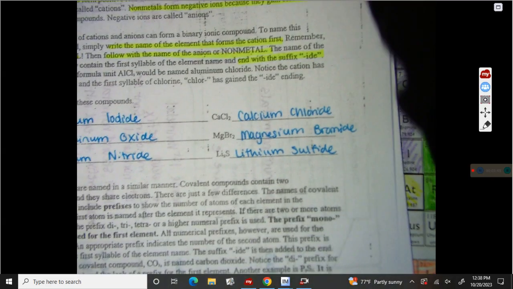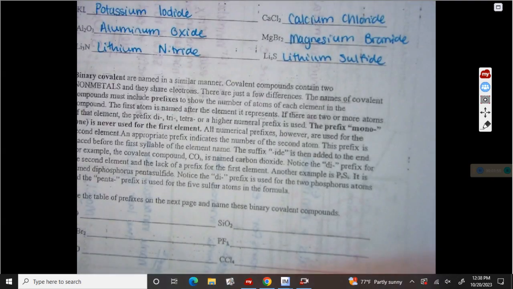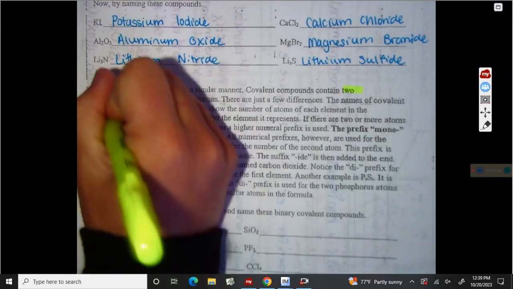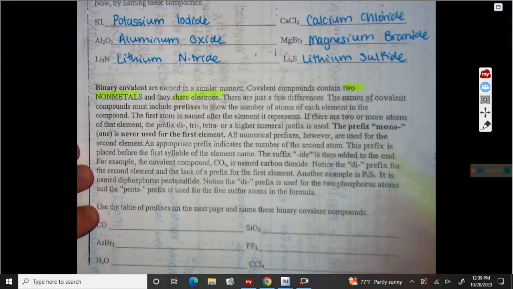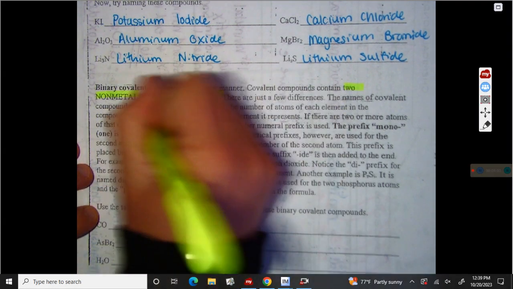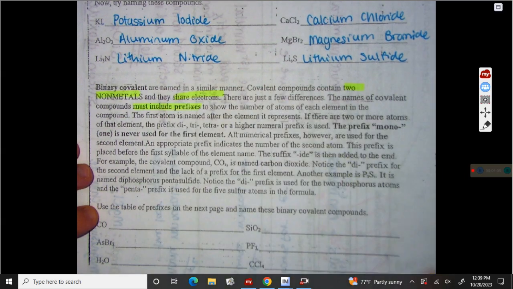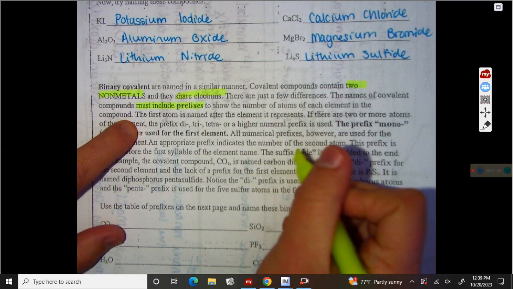All right, now let's look at something that we need to highlight a few things for. So if you have your highlighter, grab it. Binary covalent compounds include 2 nonmetals, and they share their electrons. So there are a few differences. The names of covalent compounds must include prefixes to show the number of atoms for each element. The first atom is named after the element it represents.